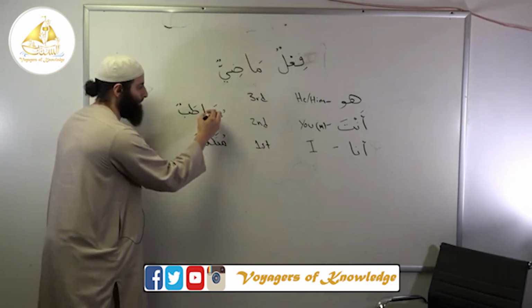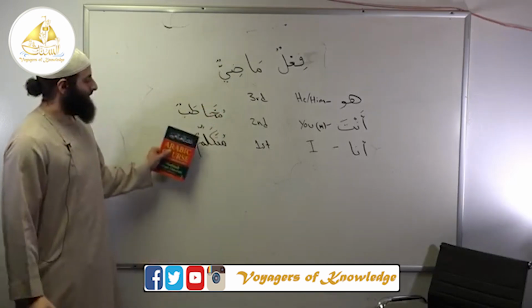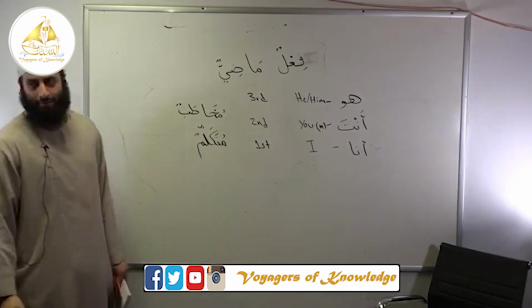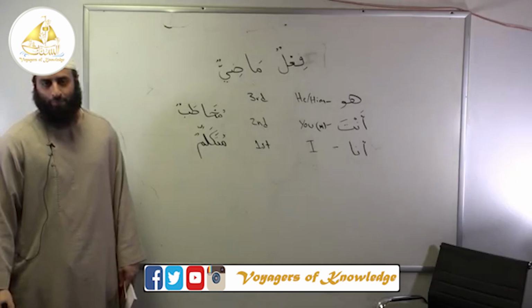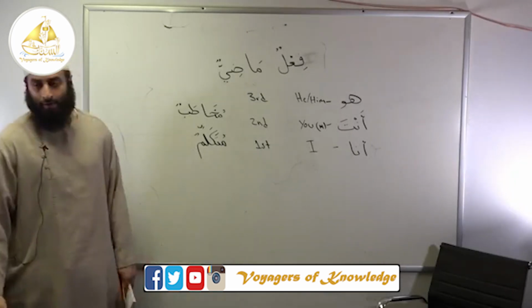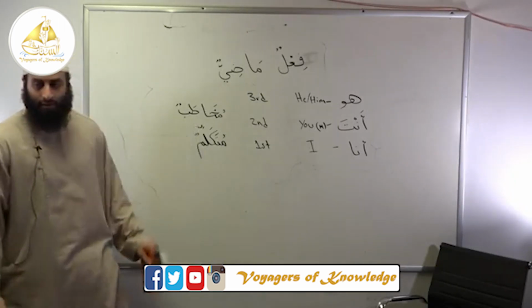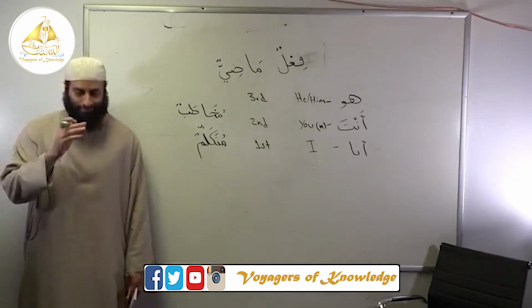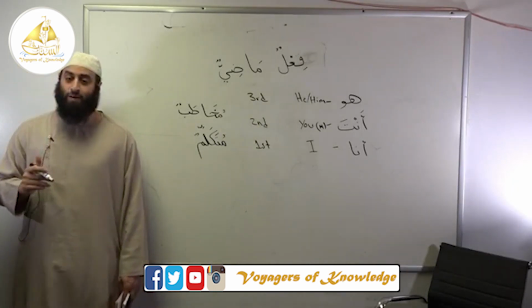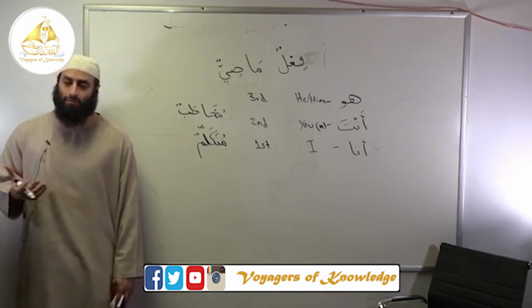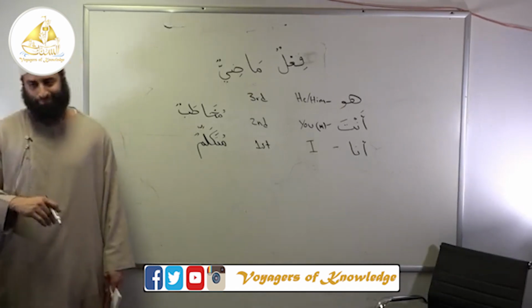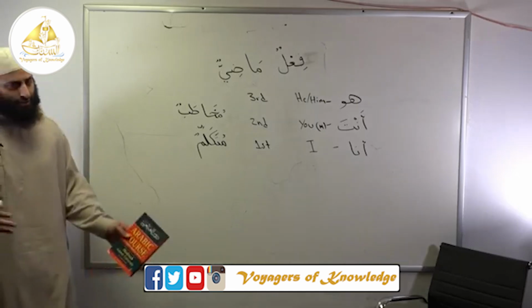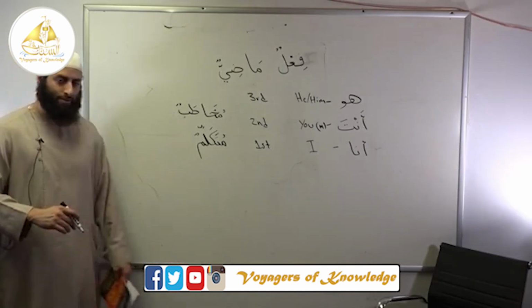Okay, so you say mutakallimun. Huh? On the kasra? On the lam? We'll get to it. If you say mutakallamun, it changes the meaning completely to mean that he's spoken to. It's unique. Mukhatab.